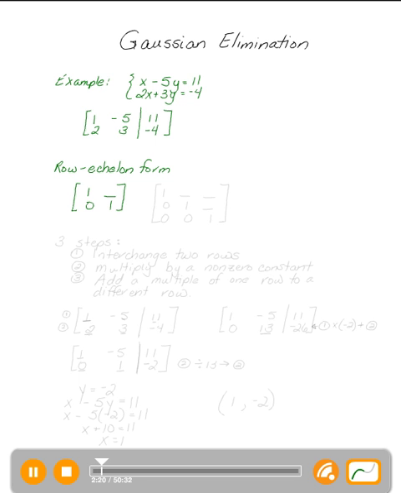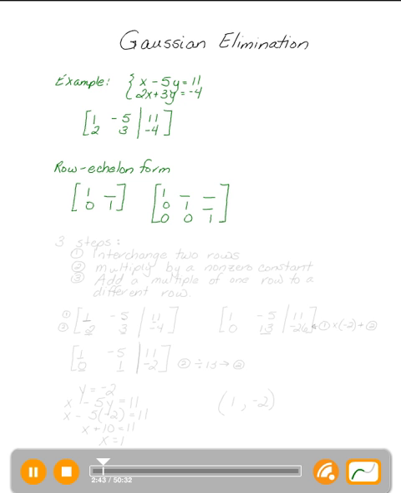So row echelon form for a 2 by 2 would look like that. Row echelon form for a 3 by 3, again, ones on the diagonal, zeros below that diagonal, and then these elements can be whatever they end up being in that matrix. So row echelon form looks like that.